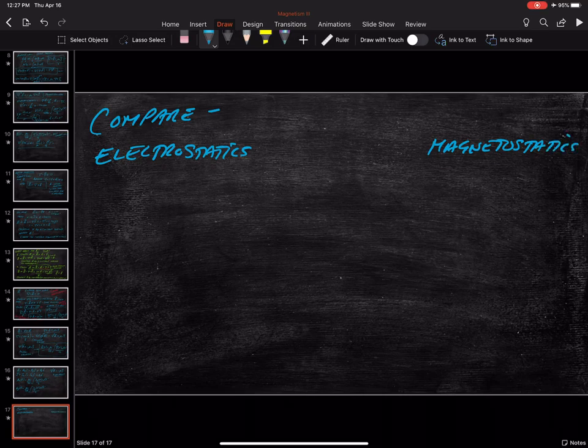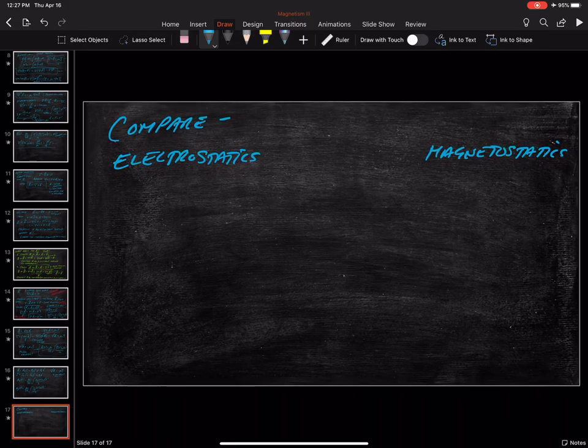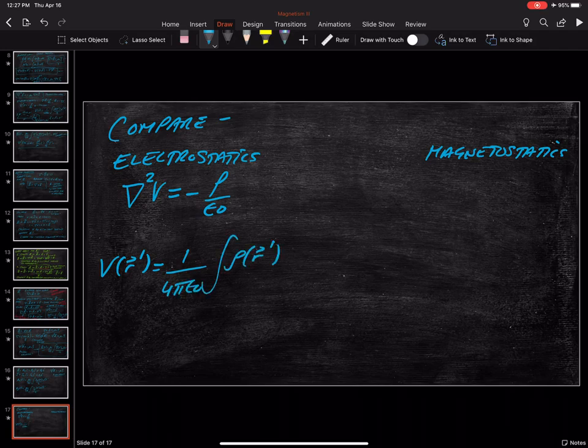By magnetostatics, I mean, again, all time derivatives are set equal to 0. Here, you've got del squared V is minus rho over epsilon naught. And so the solution of this, V of r, is 1 over 4 pi epsilon naught integral rho of r prime d3 r prime over r.